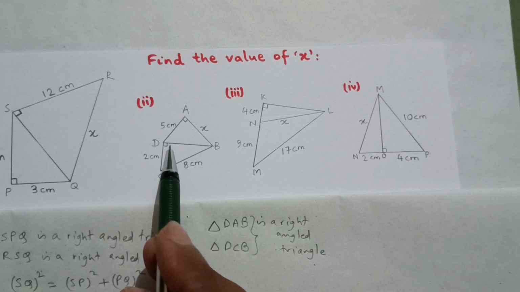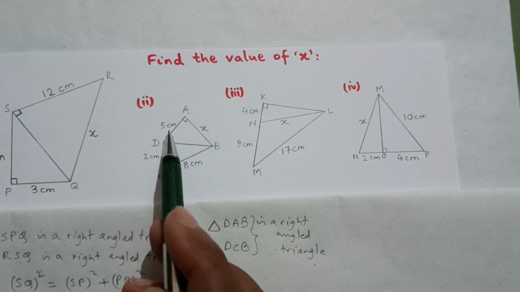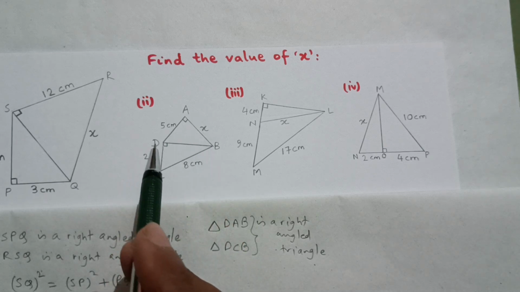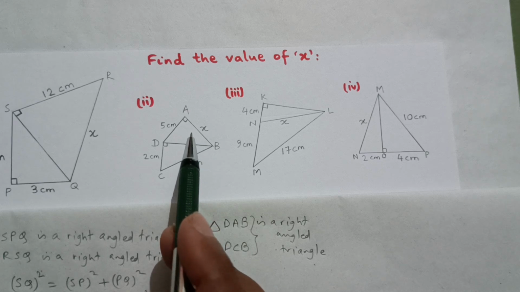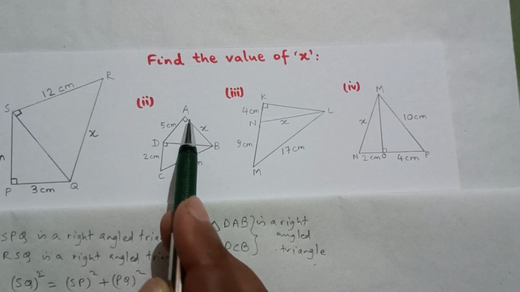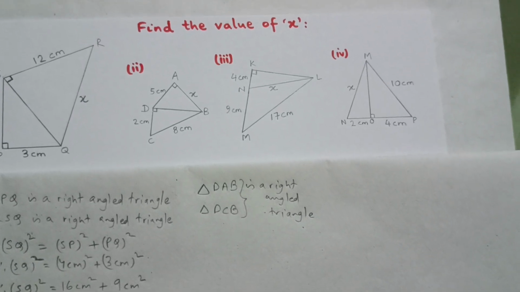Once I know the measure of side DB, I will go to triangle DAB, which is a right angle triangle, apply Pythagoras theorem and find the value of x. So let us start solving it.